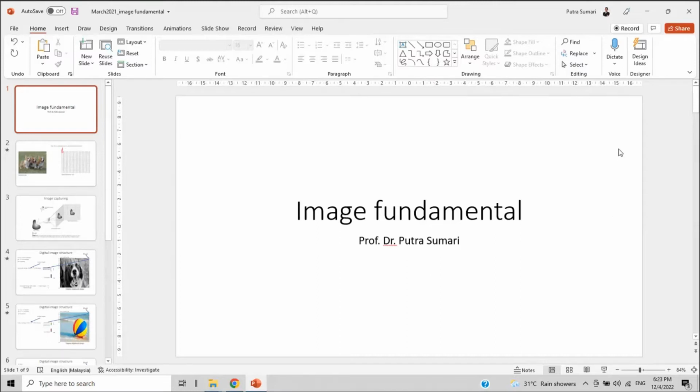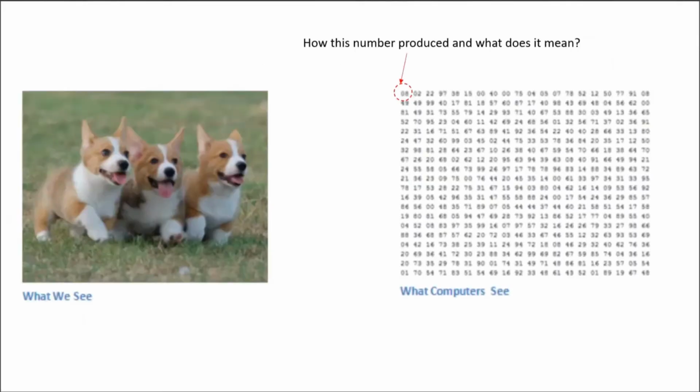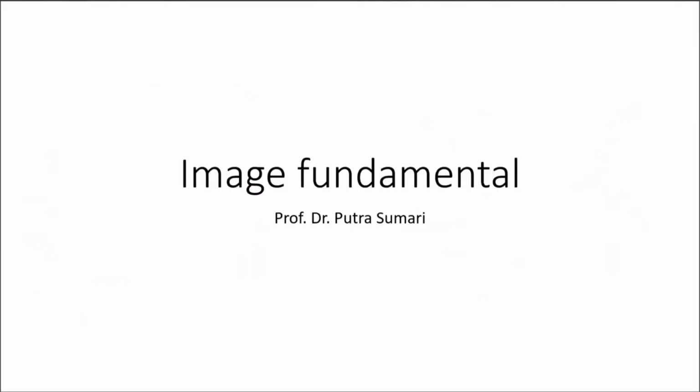Let's move on. Image fundamentals. This is what we see as humans. When we are given an image, we see this picture. We see that we have three dogs here. This is what I see, and what do you see from this picture? I see three dogs here.